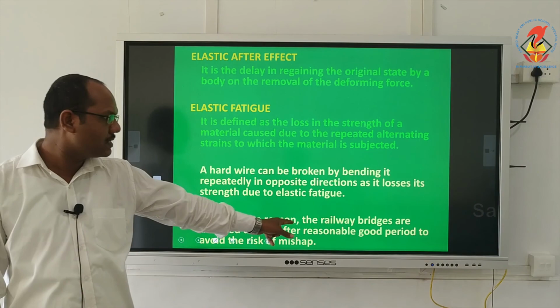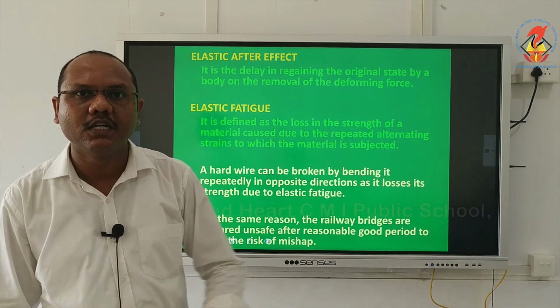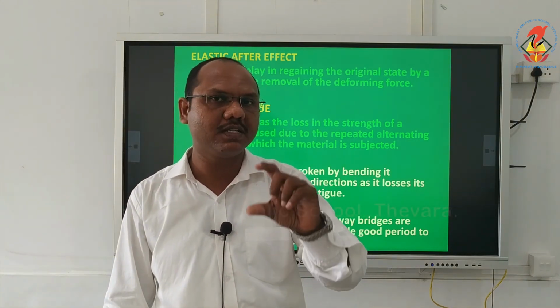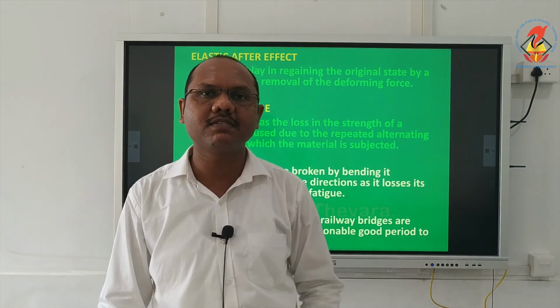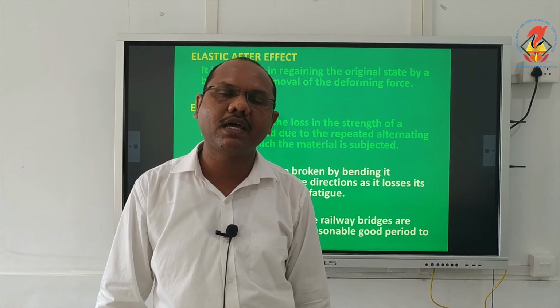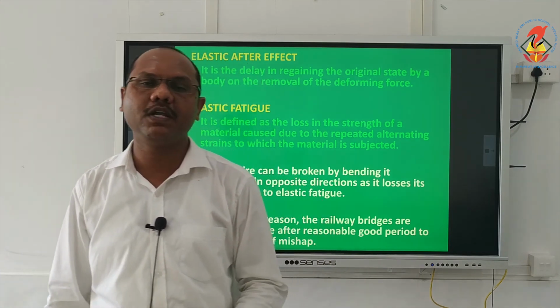Due to the same reason, railway bridges are declared unsafe after a reasonably good period of time to avoid the risk of mishap, because the train is continuously moving along the rails. So, the rail will go up and down, up and down. It is very small, but since the rail keeps vibrating many times, it will reach elastic fatigue and lose the property of elasticity.